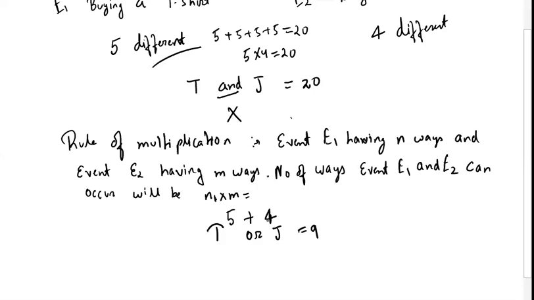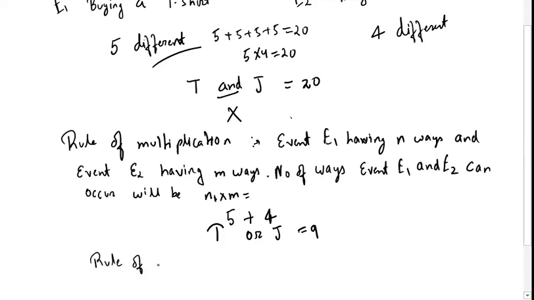So here you are adding them. Are you getting the point? Because you are not selecting both, you are selecting only one. So you can either select jeans or select t-shirt. So this is called the rule of addition.